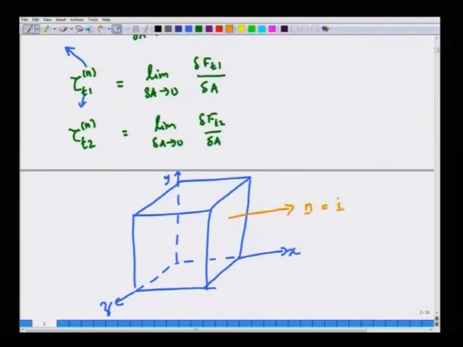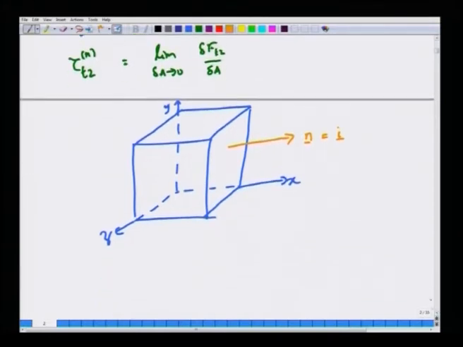In general the force exerted will have 3 components: one along the normal direction, which is the x direction here, because that is the direction of the unit normal, and then the two tangential directions, y and z. So, delta f y and delta f z.